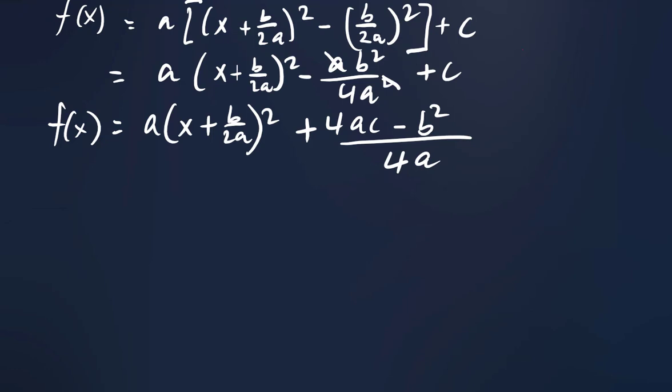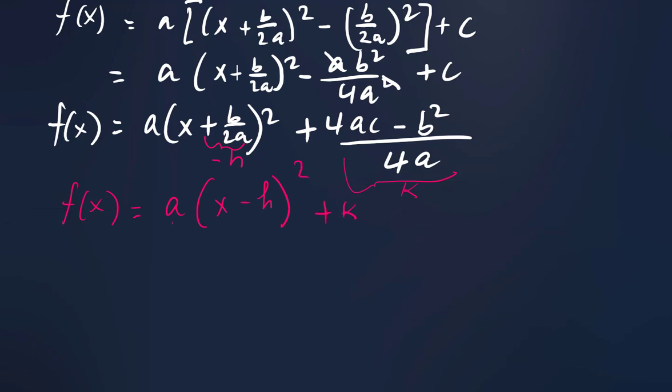If you look at that part here, that is minus h, and this is k. That means our f(x) is equal to a factoring (x minus h) squared plus k.